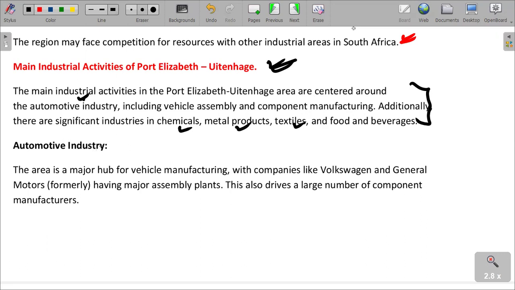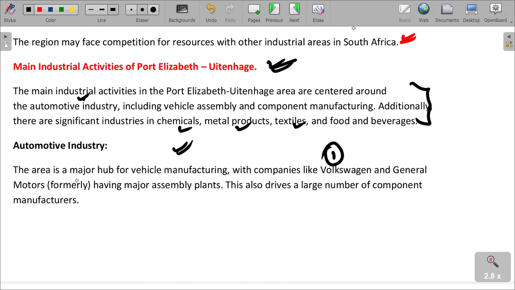So looking at automotive industry, the area is a major hub for vehicle manufacturing. I guess this one we can agree that major plants of vehicle manufacturing are found there. We talk about companies such as VW.